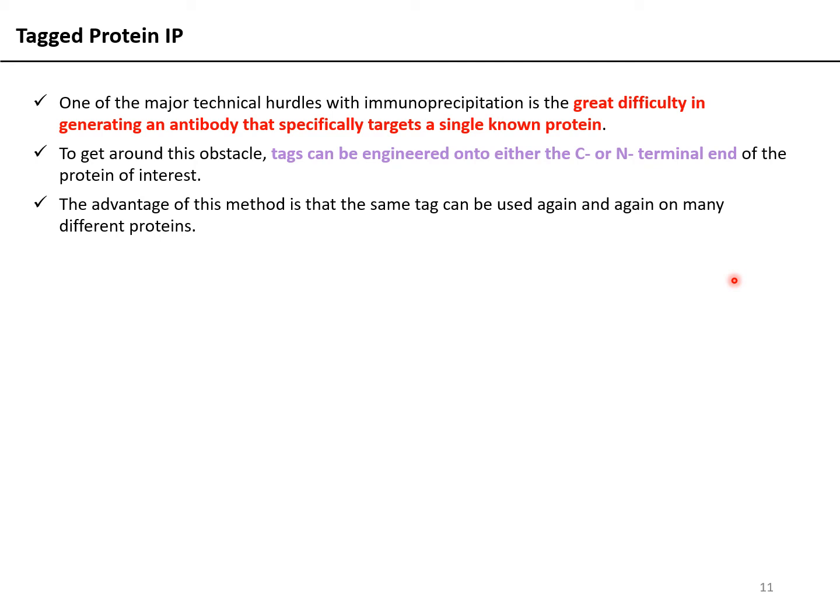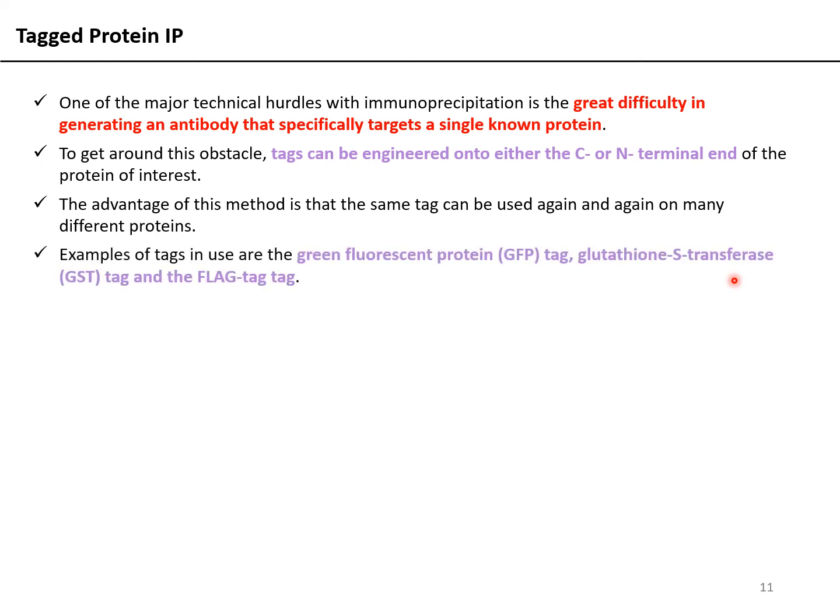No matter the number of proteins you want to study, you can simply add this tag to each and every one of them. So now you have common antibodies that you can use for all of these experiments. Instead of requiring 10 different kinds of antibodies, one antibody does the job. Examples of tags that are commonly used for such IPs are the GFP tag, the green fluorescent protein, the GST tag, glutathione S-transferase, and the FLAG tag.